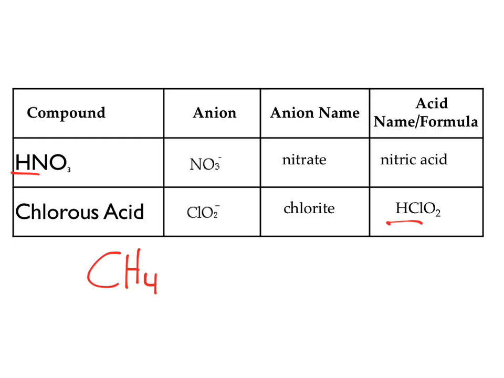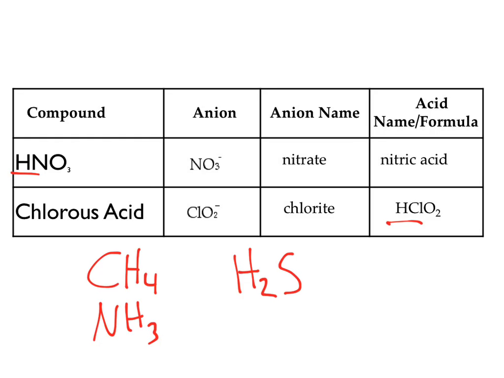So CH4 is not an acid. NH3 is not an acid. But H2S is an acid. Do you see the difference here? Molecules in which hydrogen is written first are acids.